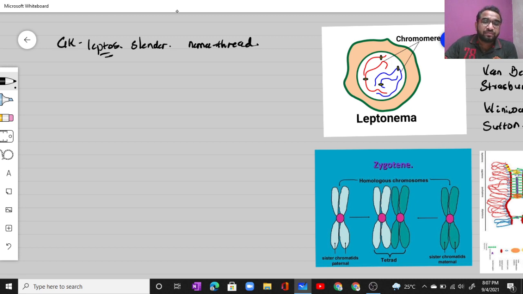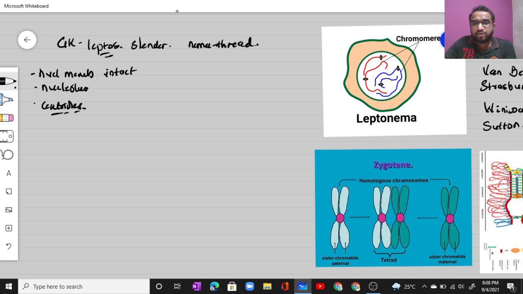Let us see. The nuclear membrane is still intact, it has not yet degenerated. Then the nucleolus is still intact. The centrioles are slowly moving towards the opposite pole, or negligibly moving, or they are just there only.